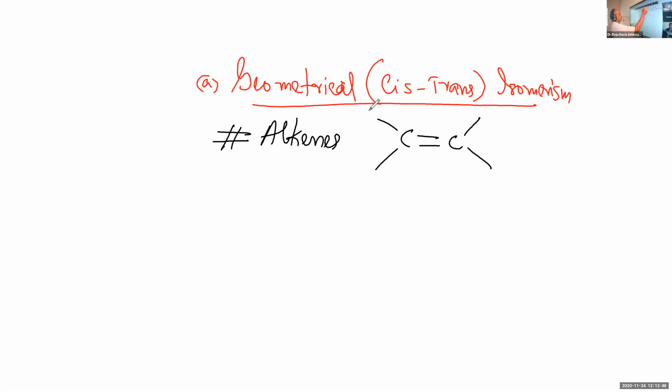Let us take some examples for this. You take a compound like this, C double bond C, and here we have two more valences attached to each carbon.